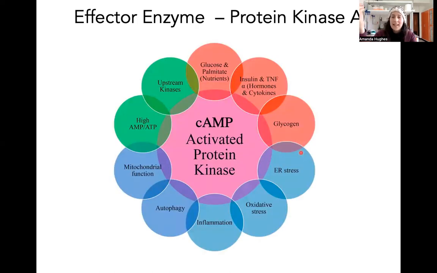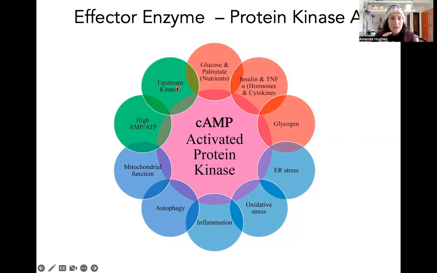Okay, so the secondary messenger, cyclic AMP, again, goes to bind protein kinase A. And then what does protein kinase A do? Well, protein kinase A plays a role in activating or turning off all different types of enzymes and lots of different types of pathways. So it plays a direct role in glycogen synthesis, in glucose and palmitate synthesis.